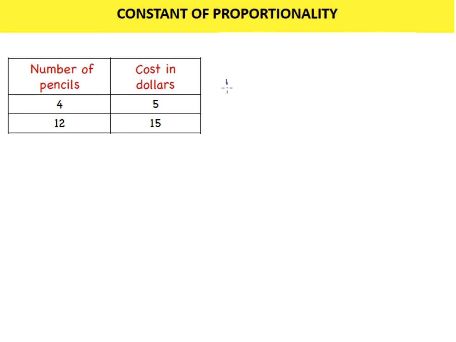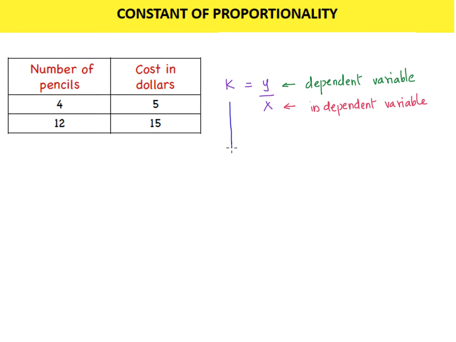The constant of proportionality is expressed through this formula k equals y over x, where y is the dependent variable, x, as you must have guessed, is the independent variable, and k is simply a letter that is used to say constant of proportionality. So the constant of proportionality is the ratio of dependent variable to independent variable.